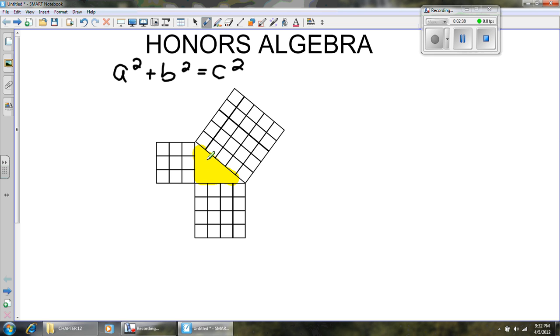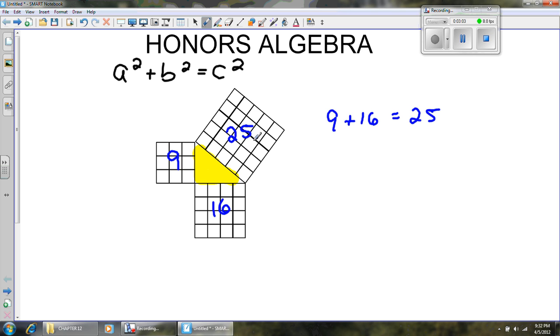If you take the area of that first square, the 3 by 3, which is 9, and the area of the second square, 4 by 4, which was 16, and the area of the third square, 5 by 5, which is 25, you notice that 9 plus 16 equals 25. That's the Pythagorean theorem in action.